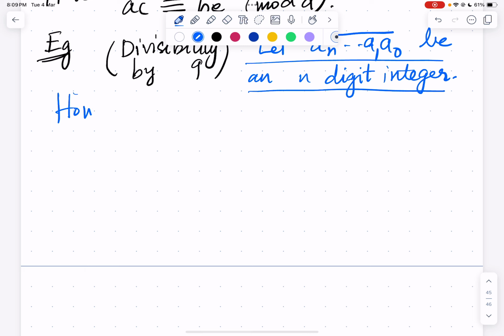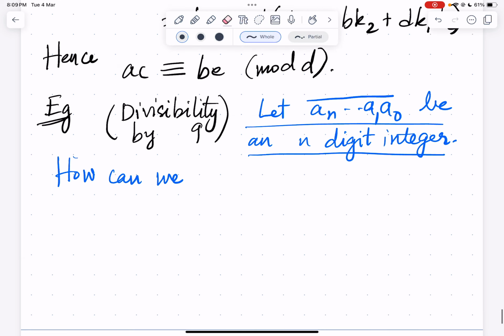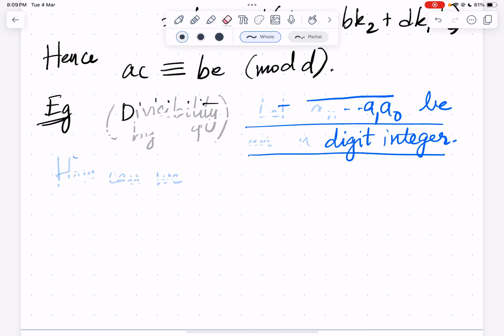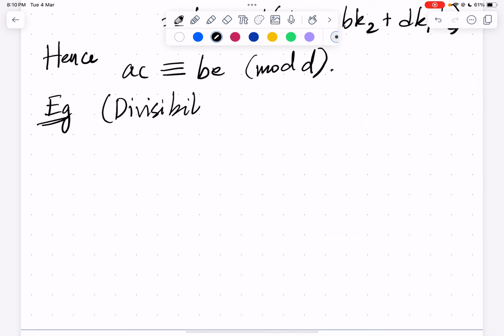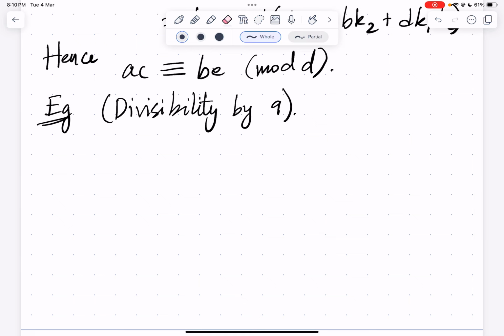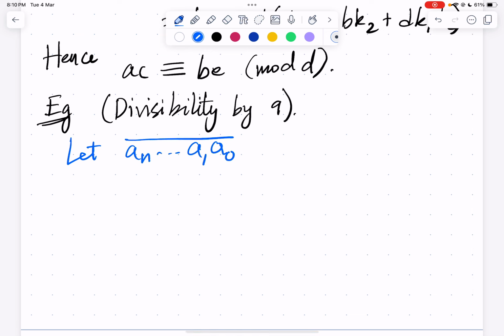How can we write divisibility by 9? Let this be an n-digit integer.